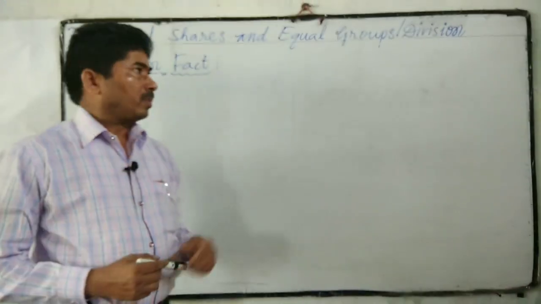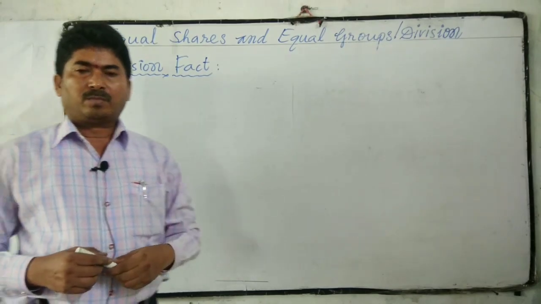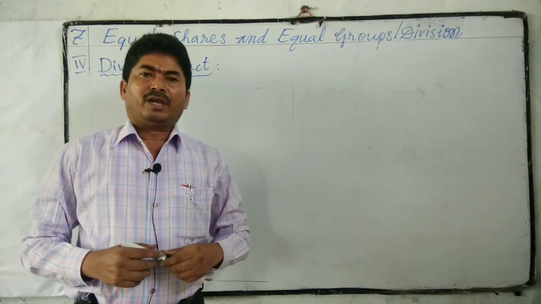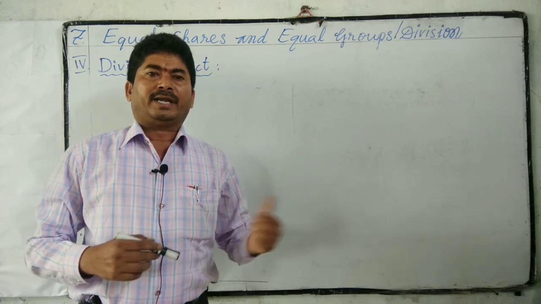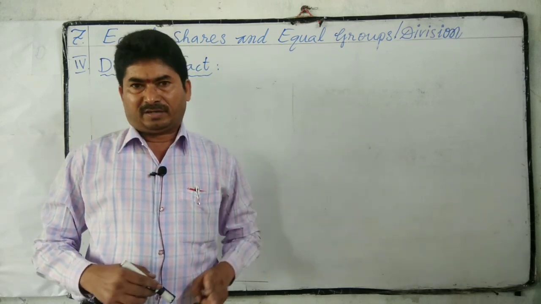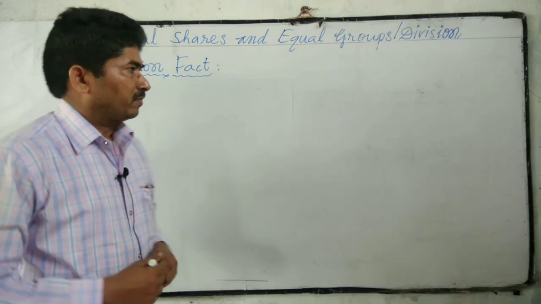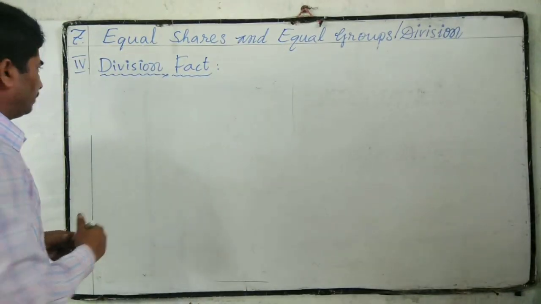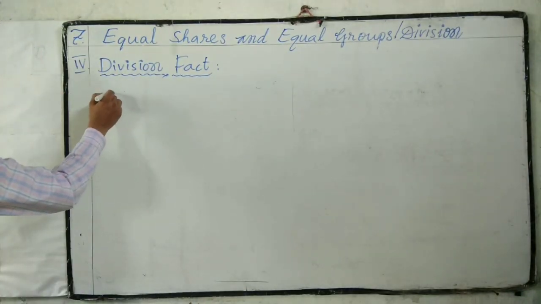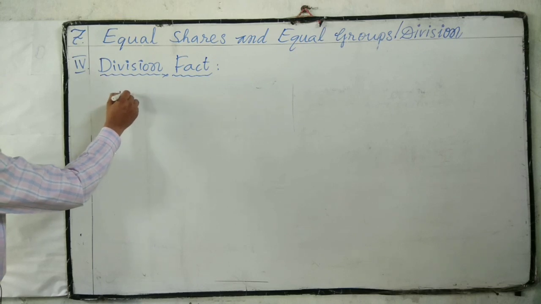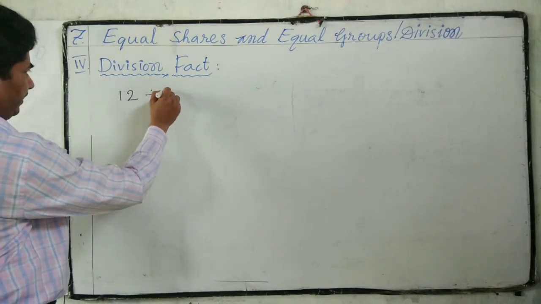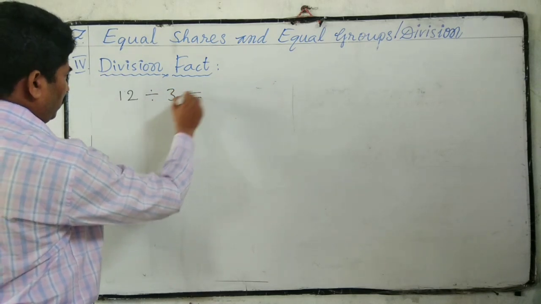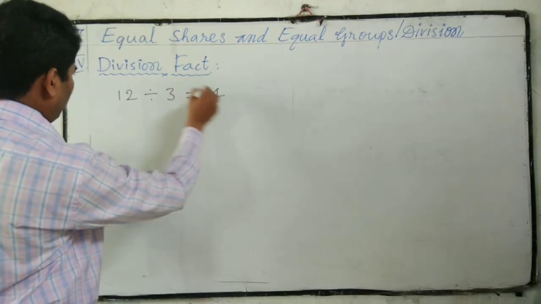Next, division fact. Every division fact has related two multiplication facts. We can see one example. 12 divided by 3 is equal to 4.